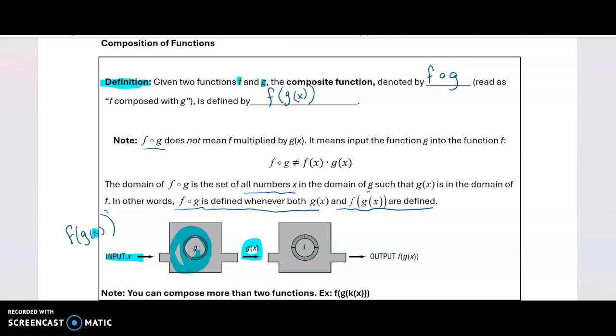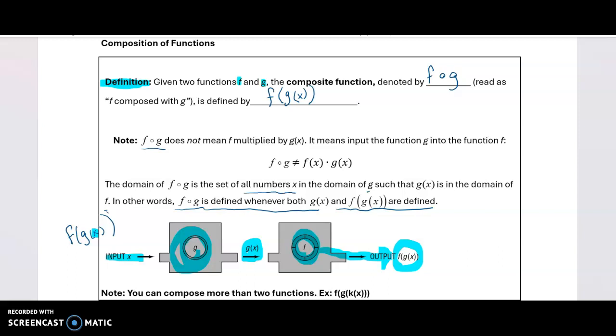That output, g of x, think of it like your y value that you get out of a function. That g of x value then goes into your function f. And that's where you get your final output, what we're looking for, f of g of x. So we put our x value into the function g, the inside function, first. And then whatever we get, we then put into the outside function.